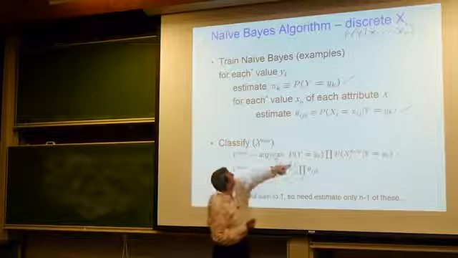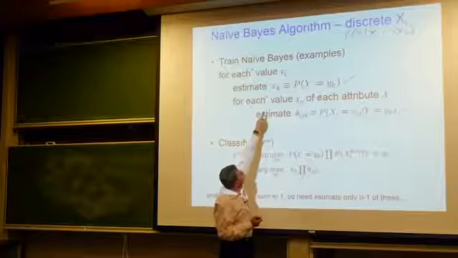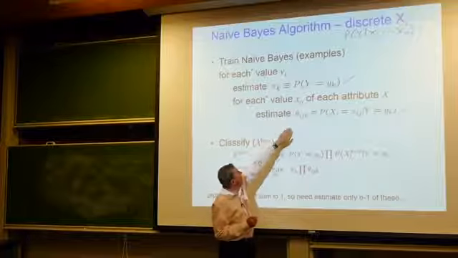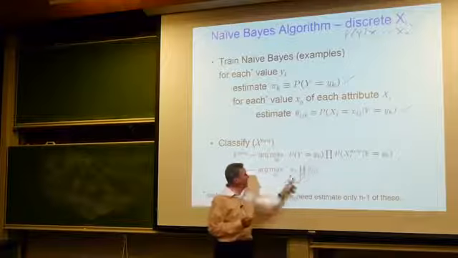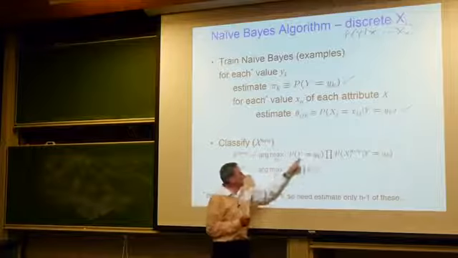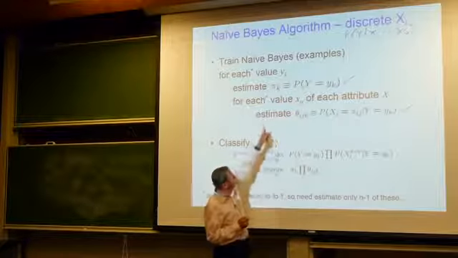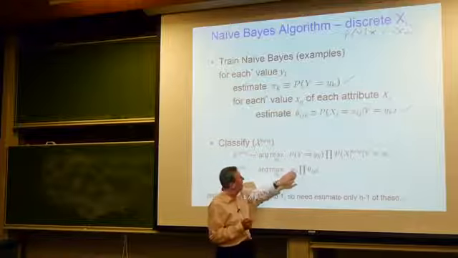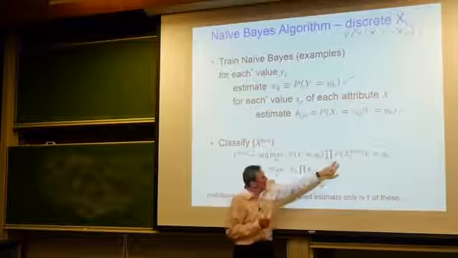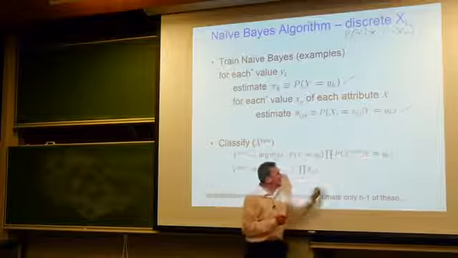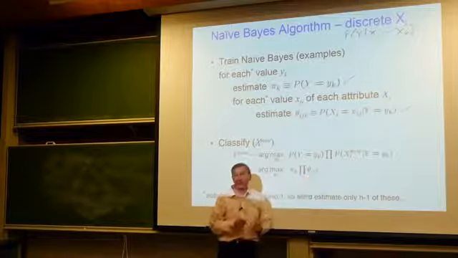If I use theta for the parameter I estimate for the prior, pi for the prior, and theta for these conditional ones, then the prior is just my estimate that I got during training, pi k, and the conditional probabilities of the values of the x sub i's given yk are just these.